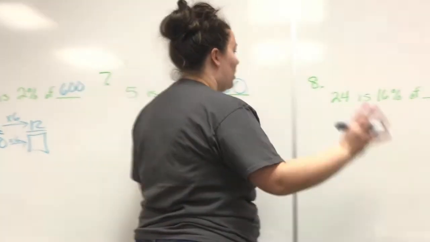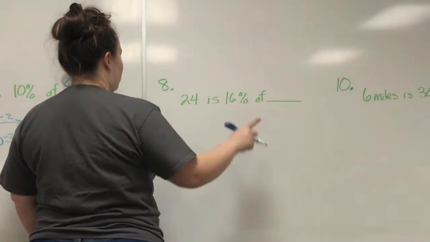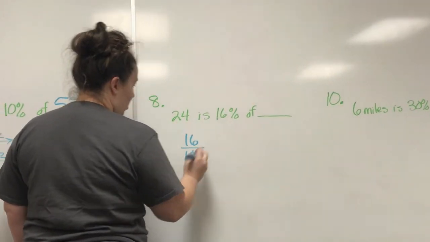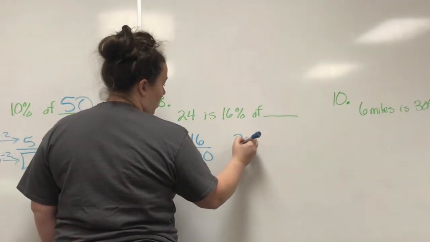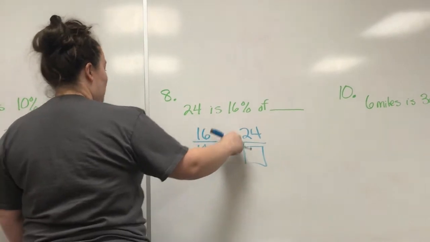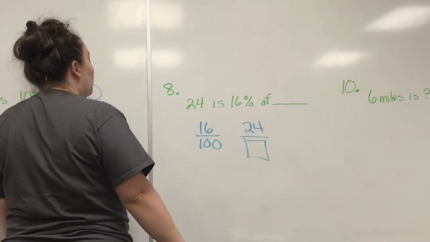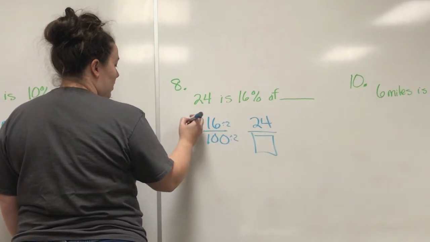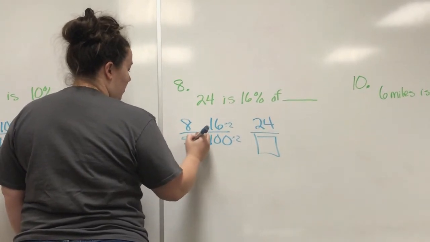Okay? Number 8. Find your percentage. Put it over 100. Find your whole number. Put it over a missing box. I don't think 16 and 24 get along very well. I know that both of these are even numbers. I can reduce by 2 and I get 8 over 50.